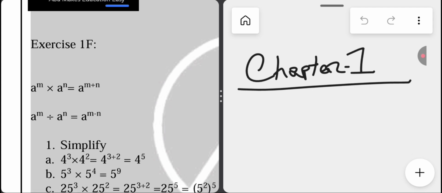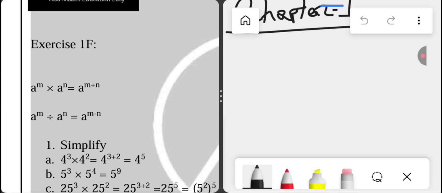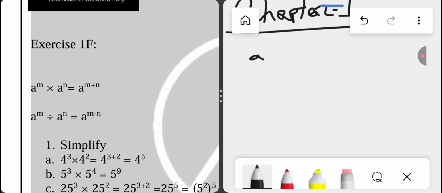At the very beginning we are provided with two formulas. One is a to the power m into a to the power n is equal to a to the power m plus n.